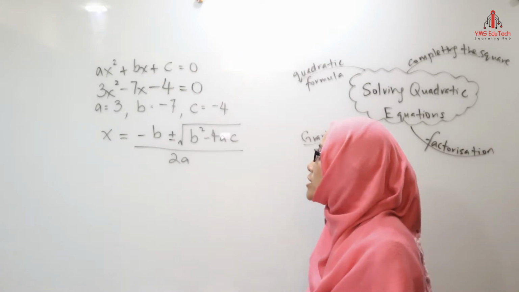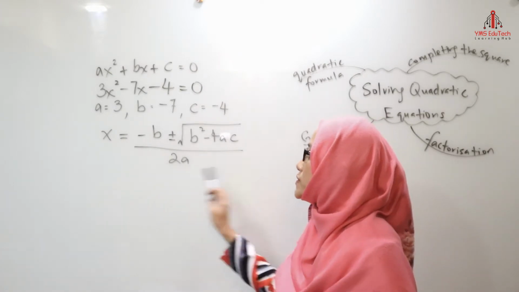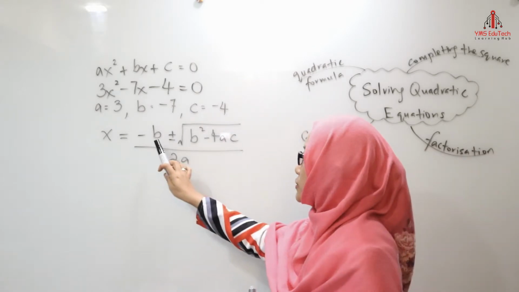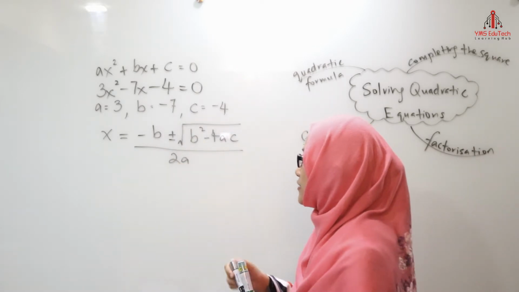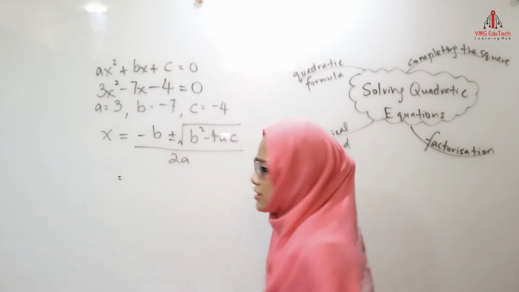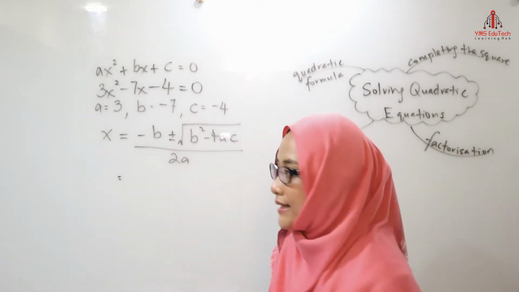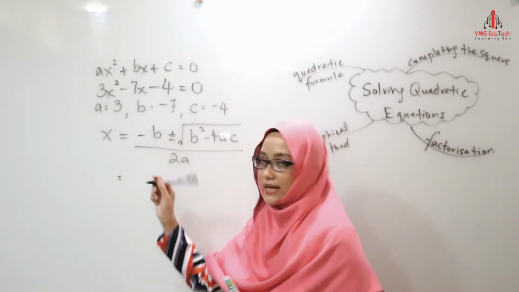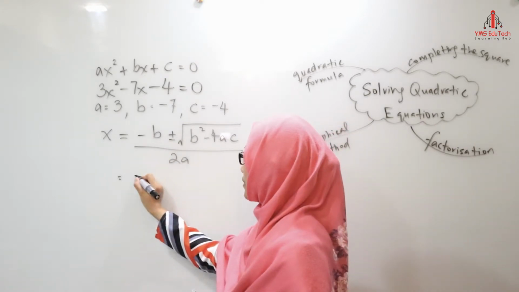Okay, so now we're going to solve x value using this quadratic formula. We're just going to plug in the values. So b is negative 7. So be careful because our b is negative 7, and in the quadratic formula itself, there is a negative sign here. So you need to write down bracket.